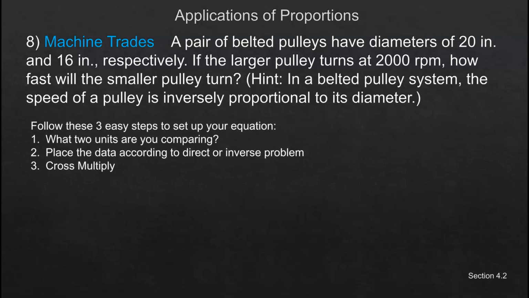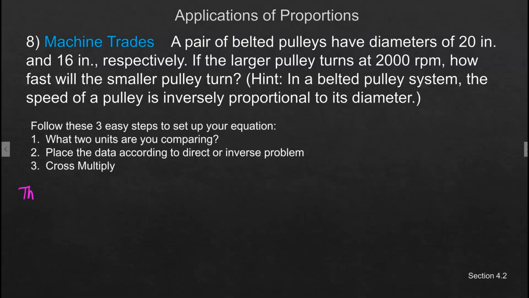If the larger pulley turns at 2,000 RPMs, how fast will the smaller pulley turn? Hint, in a belted pulley system, the speed of a pulley is inversely proportional to its diameter. And what that means is the larger the pulley, the slower it goes, versus the smaller the pulley, the faster it goes. And so let's write something out about that.